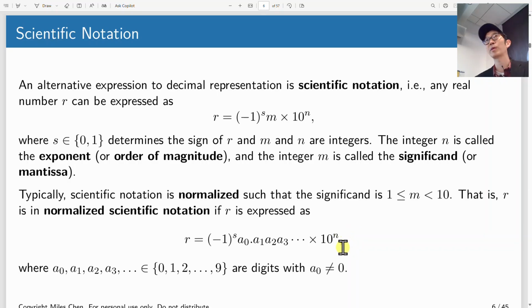It's useful for representing really big numbers and really small numbers, like Planck's constant and Avogadro's number. We call this part the mantissa, and this part the exponent. Sorry, and that's what we have there.